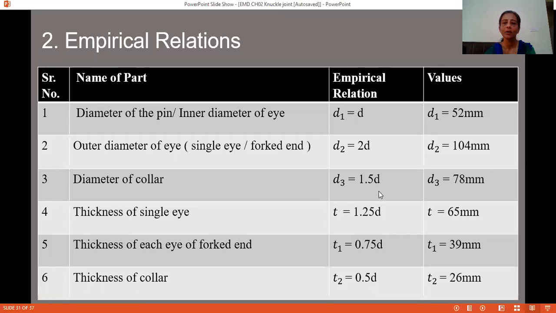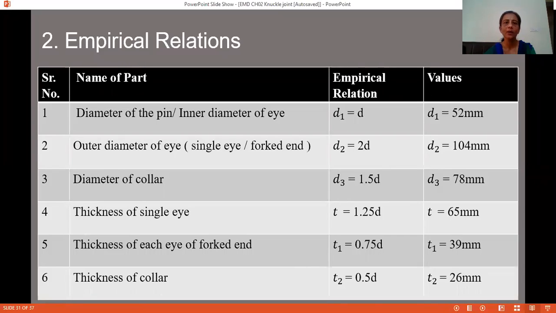Diameter of pinhead and collar is 1.5 D, so it is 78 mm. Thickness of single eye is 1.25 D, so it is 65 mm. Thickness of each eye of forked end is 0.75 D, so it is 39 mm. And thickness of pinhead and collar is 0.5 D, which comes to 26 mm.